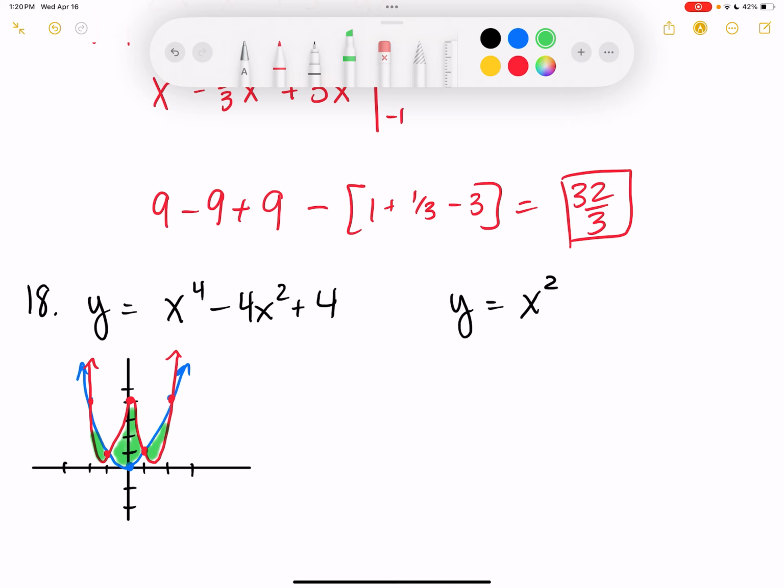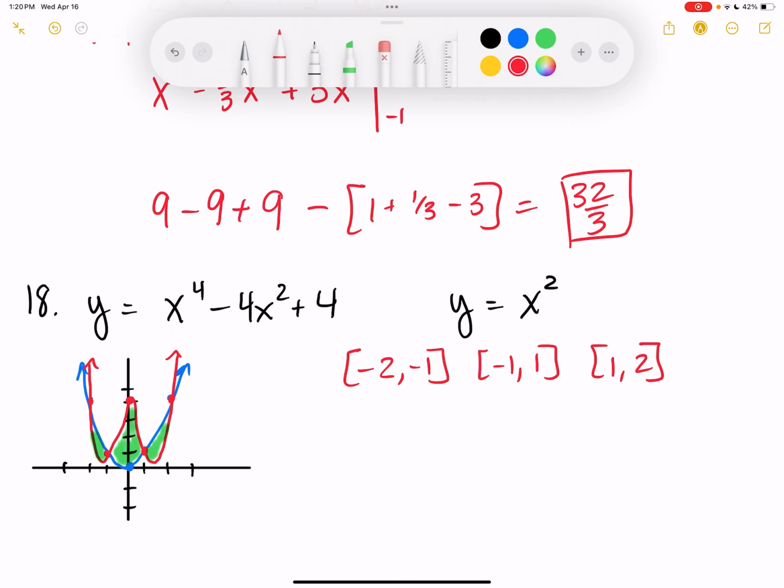So my different regions that I'm finding the area for are going to be from -2 to -1, from -1 to 1, and from 1 to 2. But what do I know is going to be true about both of these? Yeah, they're going to be the same, so I only really need to do one of them, and I'm going to multiply it by 2.